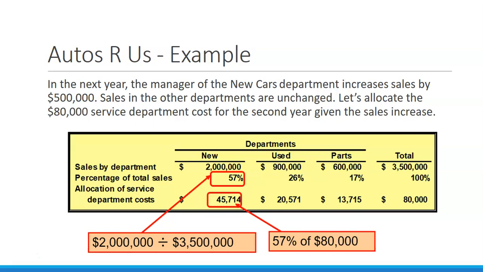So the new car sales go up, which means then they take on a larger percentage of those service department costs. Not because they're a greater use of those service costs, but just simply because their sales are higher than the other departments. And that is the end of chapter 11.